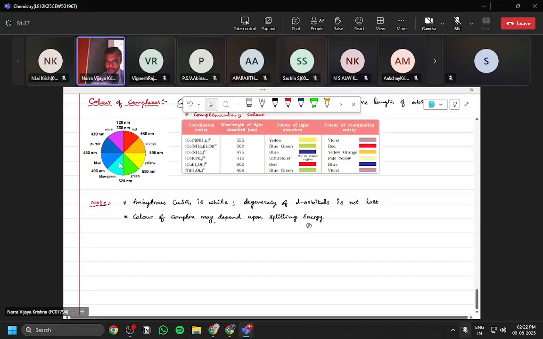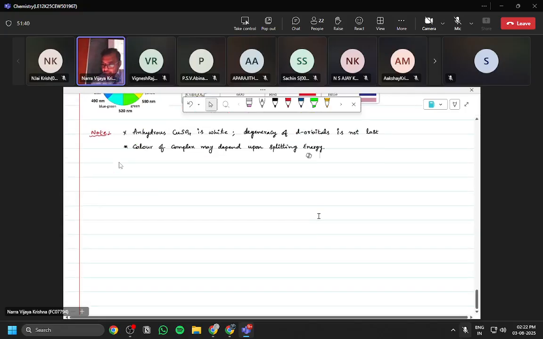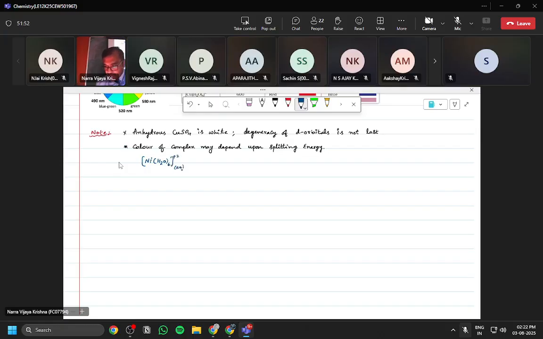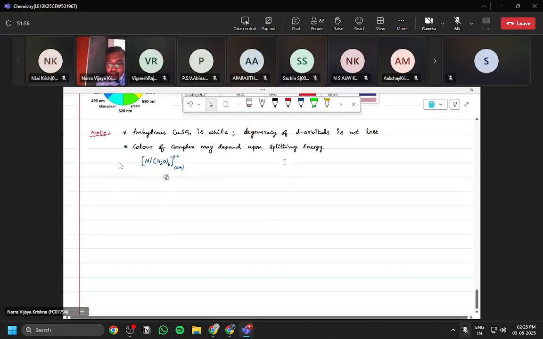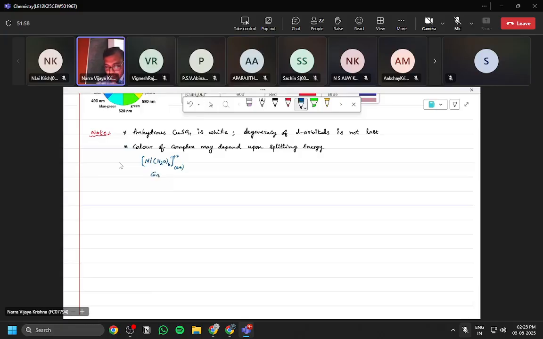Acceptable? I am taking one example: [Ni(H2O)6]2+ complex. This complex is green in color. We are adding ethylenediamine, a bidentate ligand.